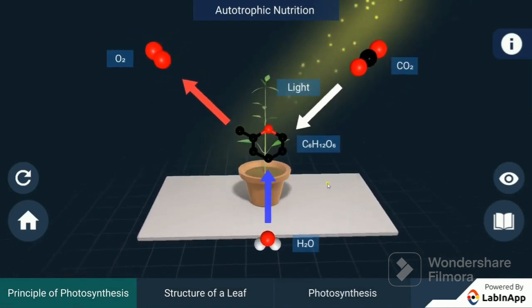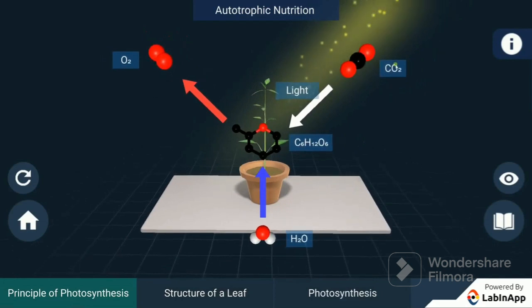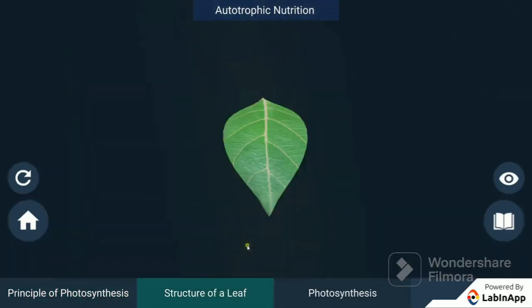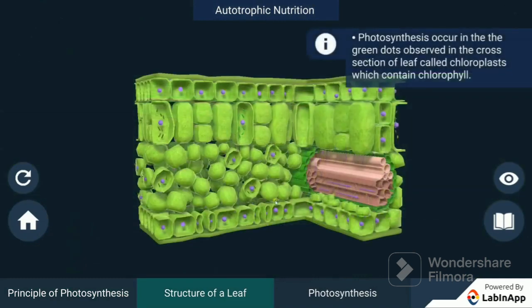Three events occur during this process: light absorption by chlorophyll, conversion of light energy to chemical energy and water molecule splitting, and reduction of CO2 to carbohydrates. These events occur in the green dots observed in the cross-section of a leaf called chloroplasts, which contain chlorophyll.